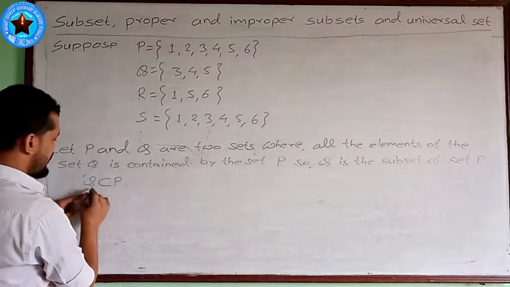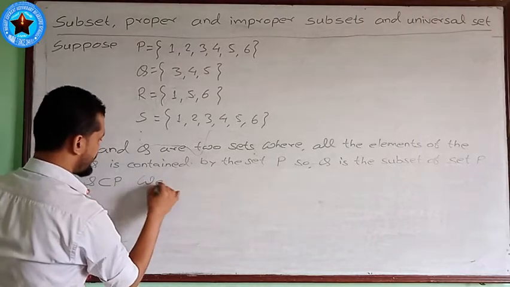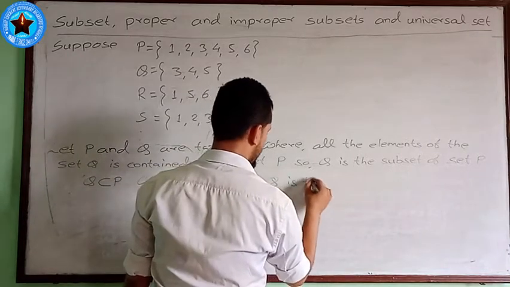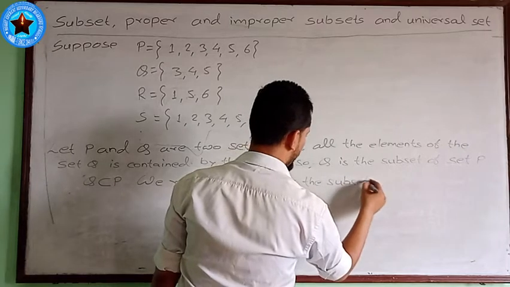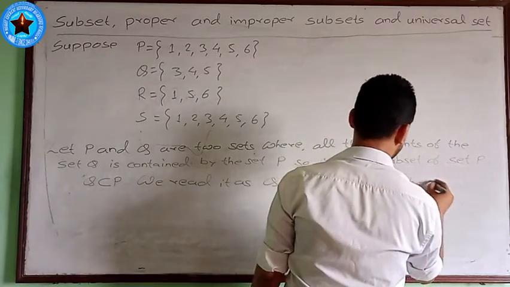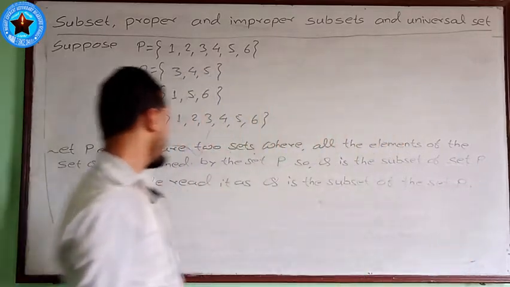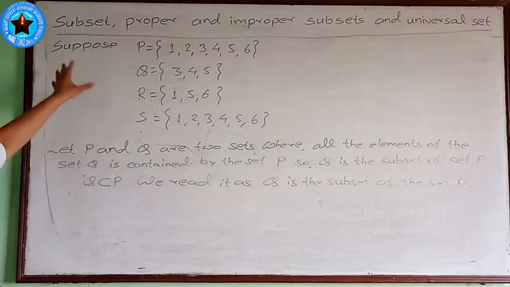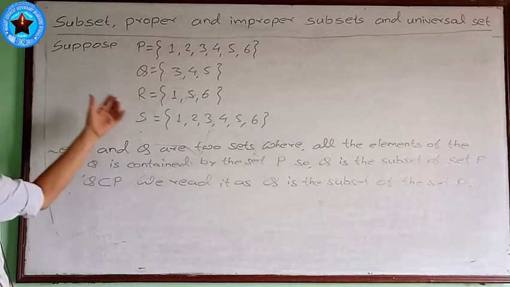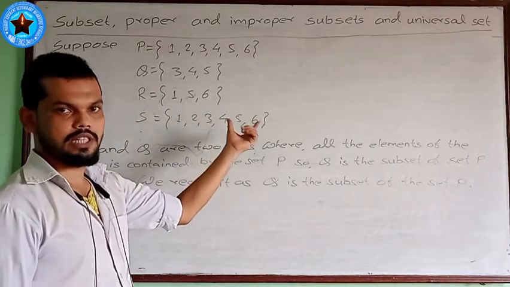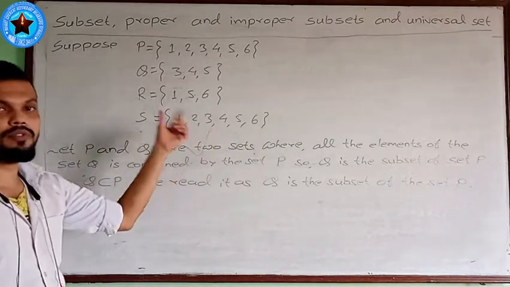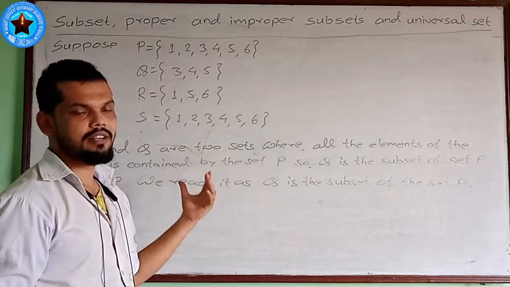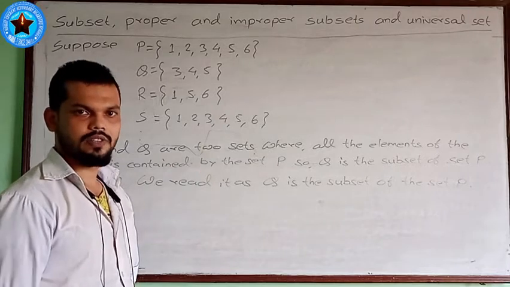We read it as Q is the subset of the set P. From this we got that if we take any two sets, and all the elements of any one set are contained by the second set, then the first set is a subset of the second set.